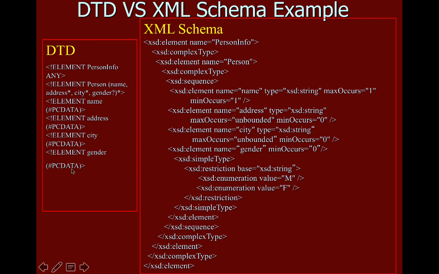Gender in a DTD is only PCDATA, that's all you can do, but here you can say M or F. Here you can really set the min and max occurs. So for instance, for address, if you want to say that you can have 0, 1, 2, or 3 addresses, no more than 3, then minOccurs is 0 and maxOccurs is 3.